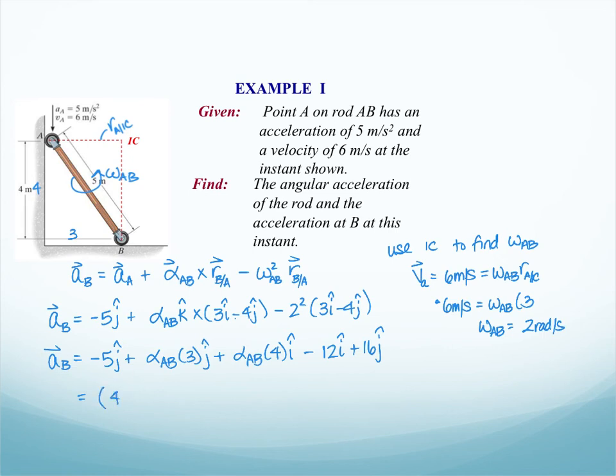In the x direction, I get 4 alpha AB minus 12, and in the y direction I get 3 alpha AB minus 5 plus 16, which ends up to be 3 alpha AB plus 11. So the acceleration of B is 4 alpha AB minus 12 in the i direction plus 3 alpha AB plus 11 in the j direction.